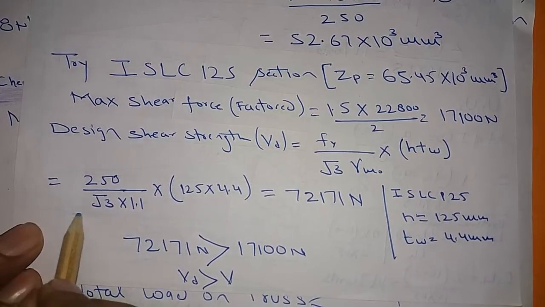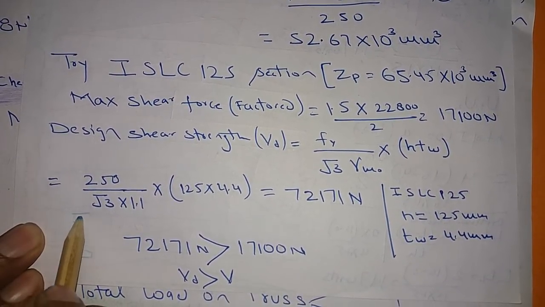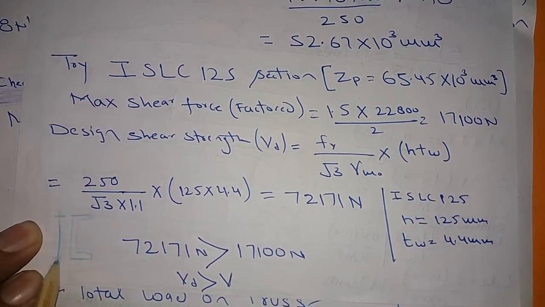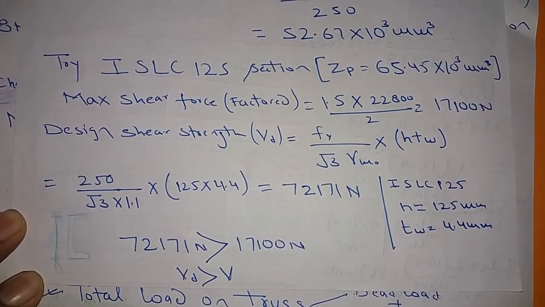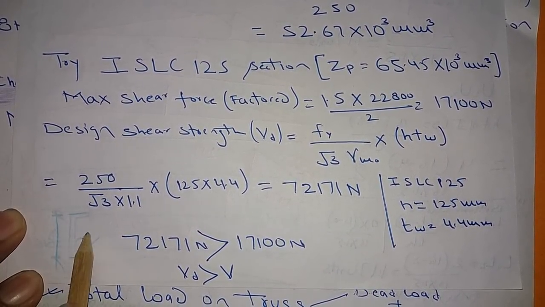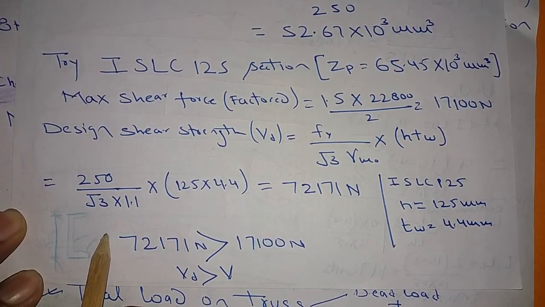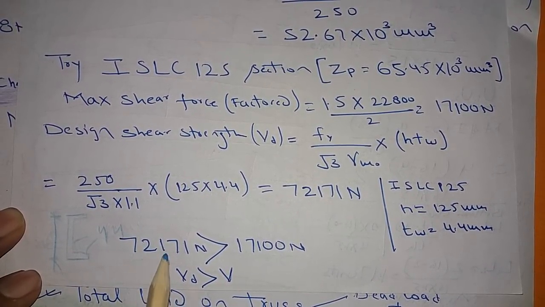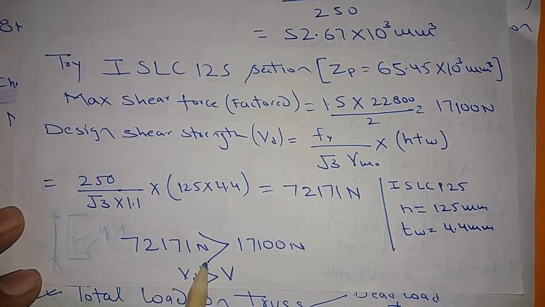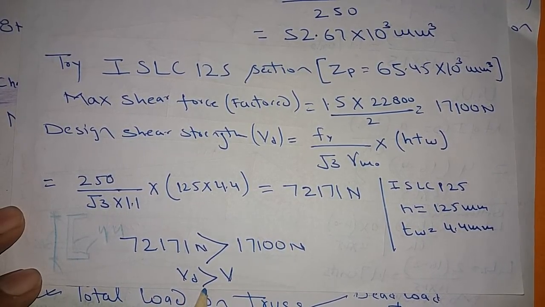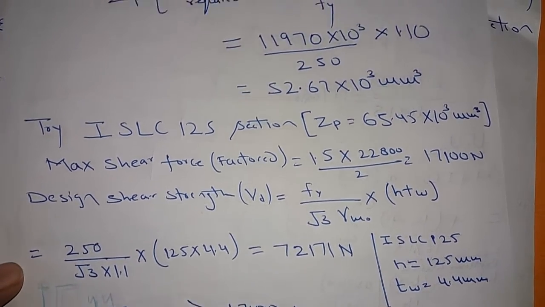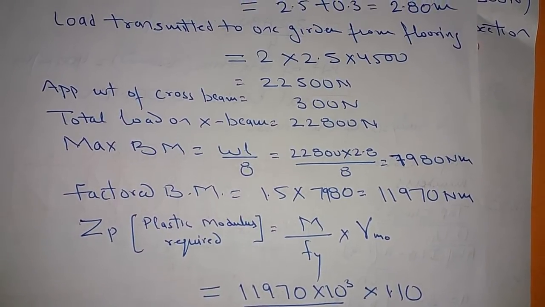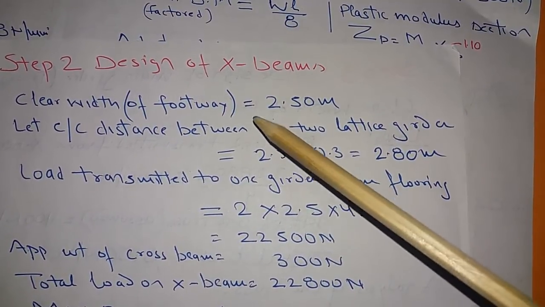Let's say this is our channel like this, this is 125, and here the thickness is 4.4. As we discussed earlier, the design strength must be more than this one, so Vd is more than this one. So it is okay if we are using ISLC 125 as a cross beam.